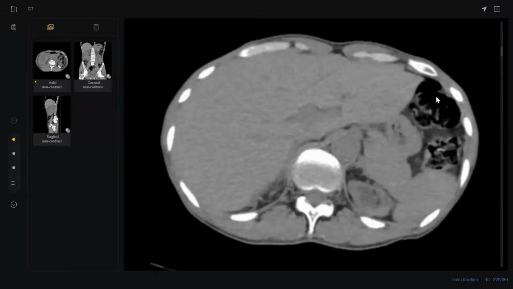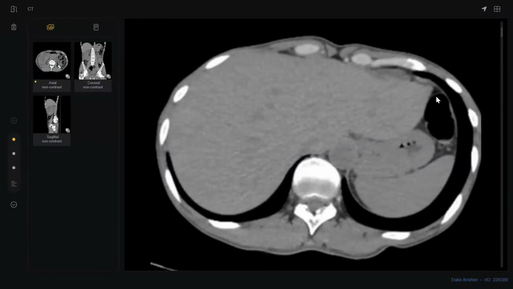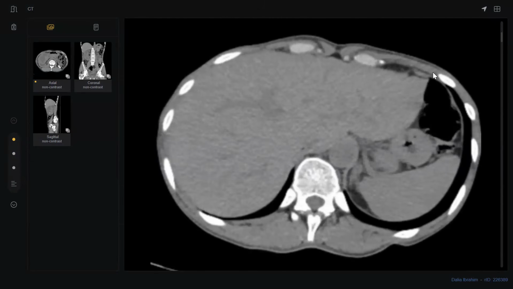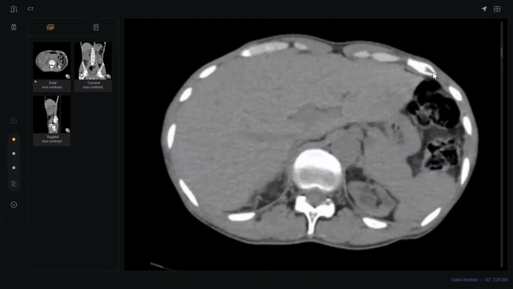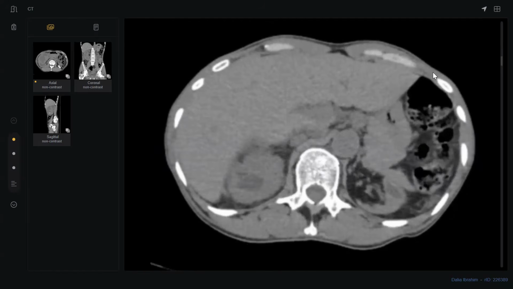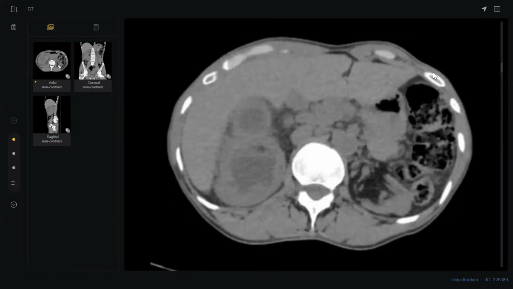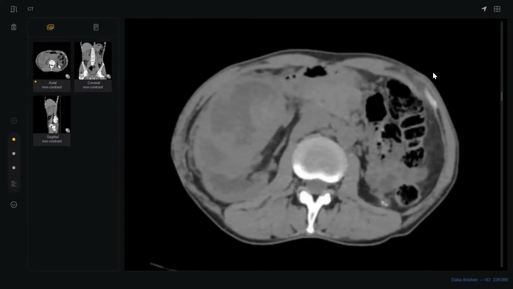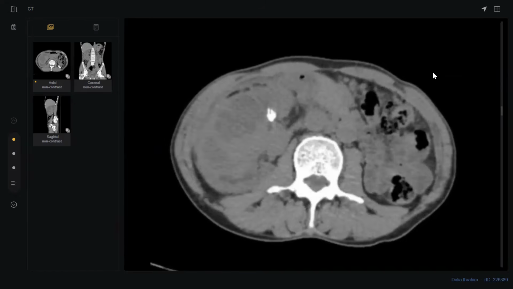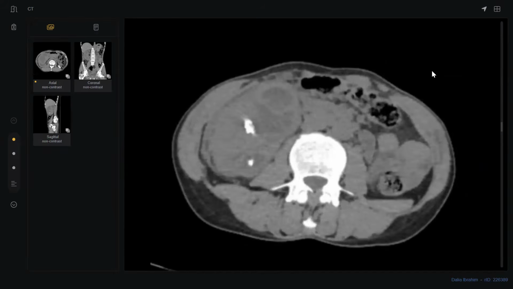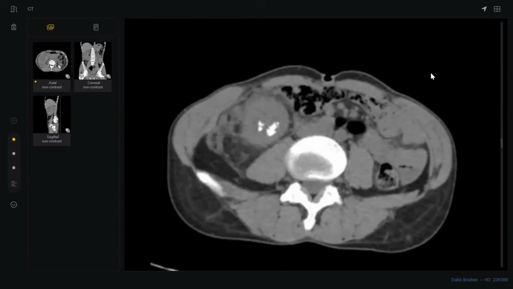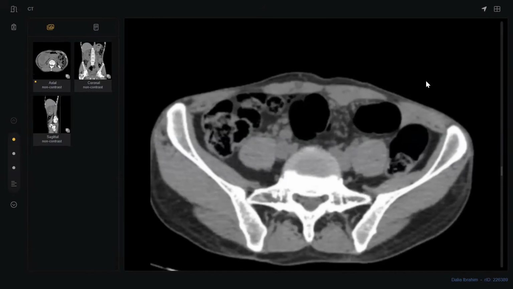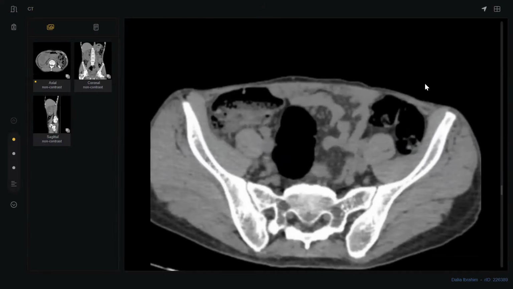I am presented with a non-contrast study, a CT scan of the abdomen, axial cuts. I'll scroll first, then start to convey my findings. Okay, I'm looking at the liver and at both kidneys, the bowel, retroperitoneum, bones, and going to the pelvis.